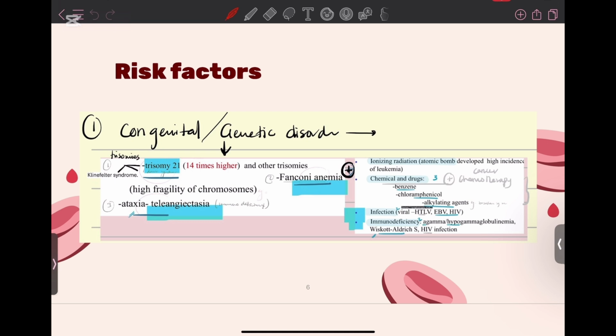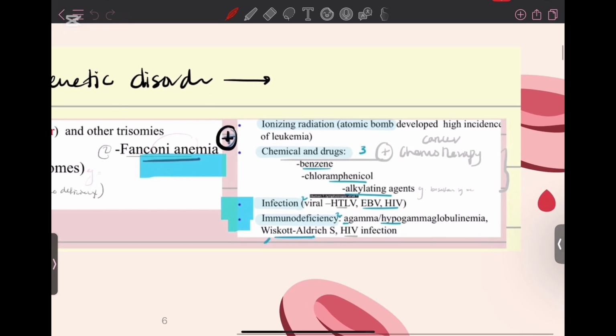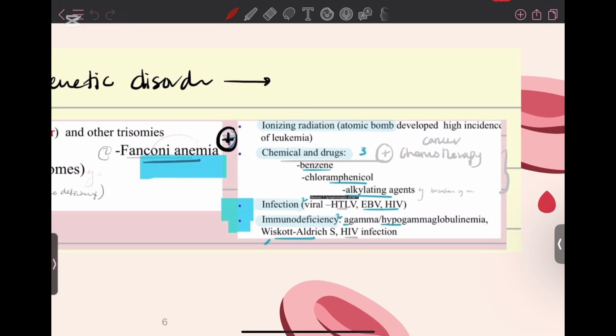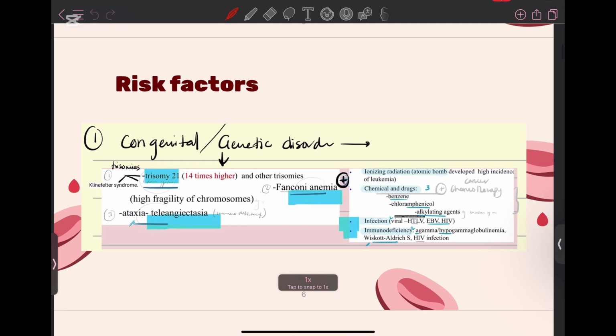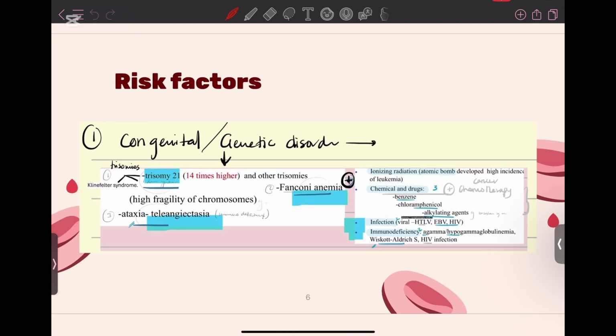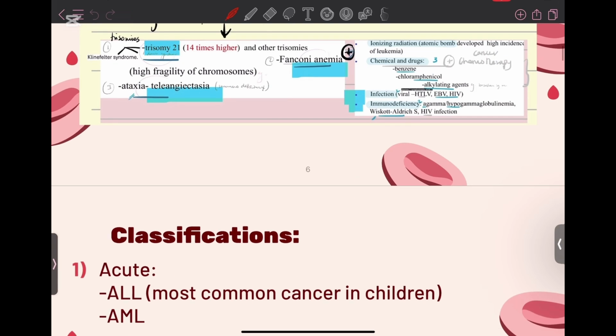Okay, and then also Fanconi anemia. Now this type of anemia, we're going to cover very briefly in the hospital lectures. And then finally, ataxia or any congenital anomaly or disorder that affects the nervous system. Now there are other drugs or chemicals that could increase the risk of developing leukemia, but they're not very important for the sake of the exam, but still go through them just in case.